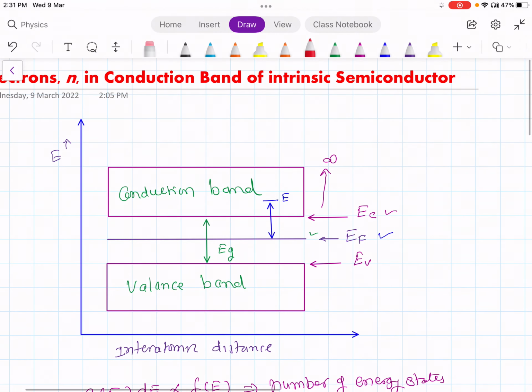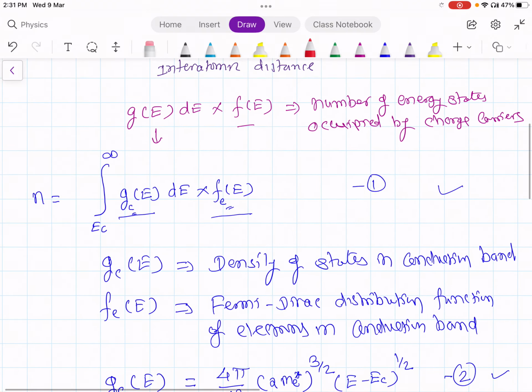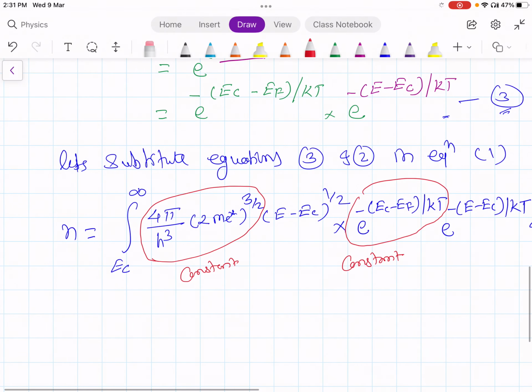See, EC is the lowest energy level of the conduction band and EF is the Fermi energy level in between the energy gap. So this difference EC minus EF is constant, and so e raised to minus of (EC minus EF) is constant. So in this equation, we will take this constant term outside the integration and let us rewrite it.